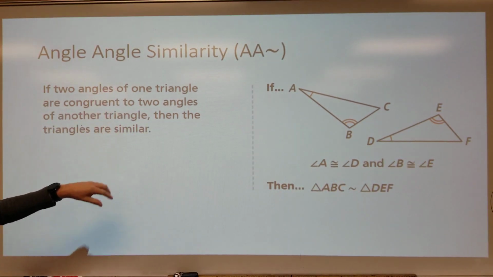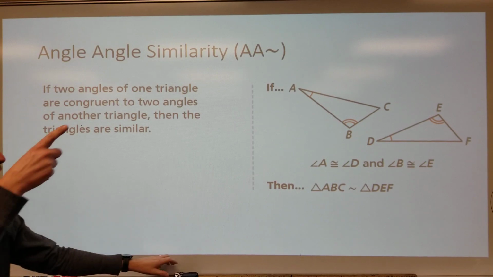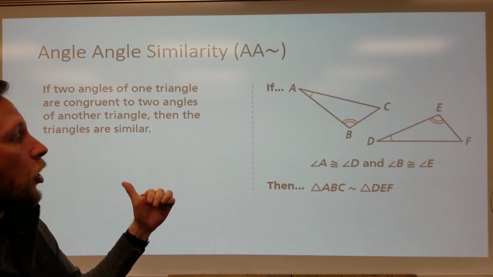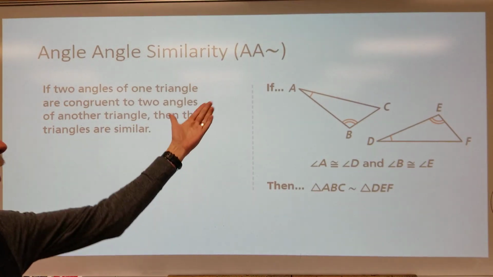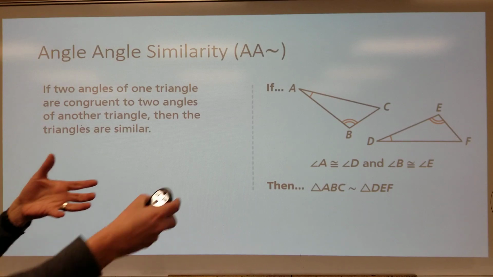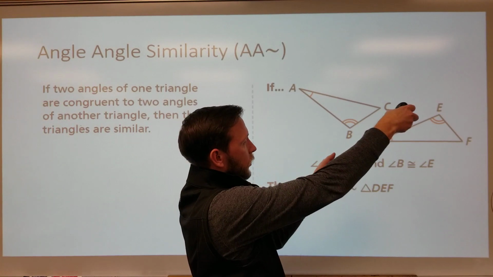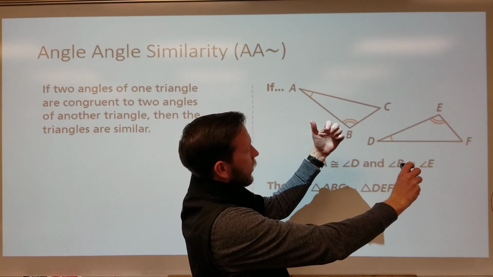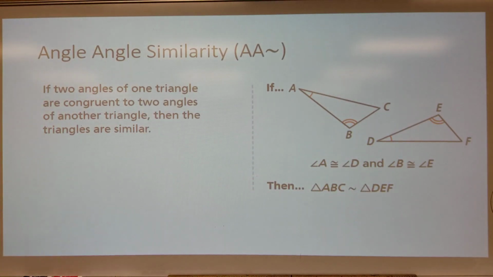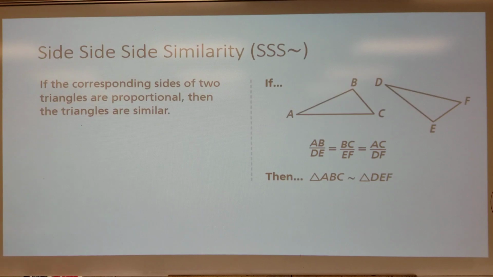So if 2 angles of one triangle are congruent to 2 angles in another, then those triangles are similar. And if they are similar, that means that all of their corresponding sides are proportional and all of the corresponding angles are congruent. All right? And so we can reflect this and then rotate that and translate that so that it lines up over this other figure to show that we are dealing with a dilation.